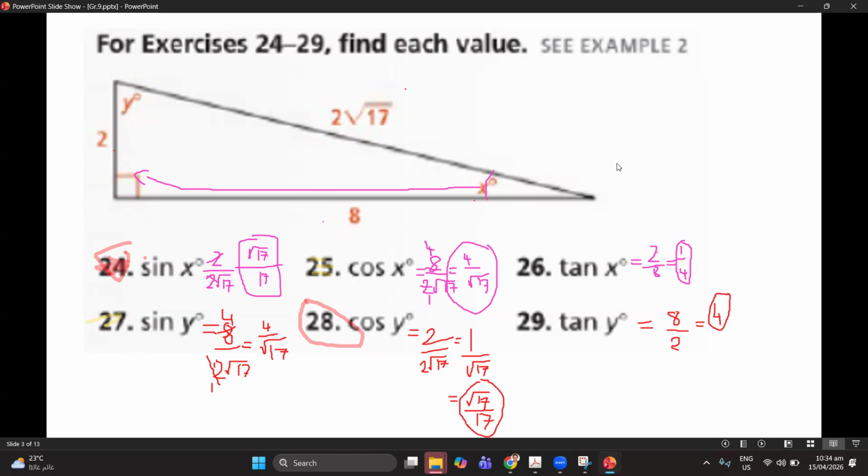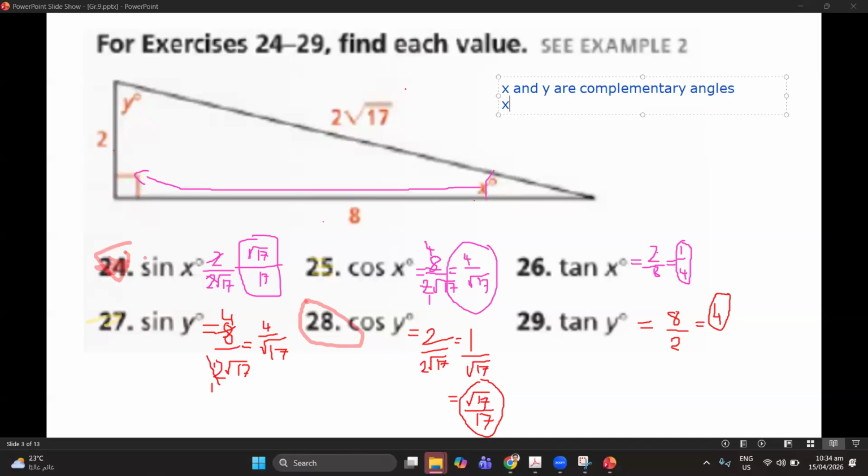In general, I want to show you that if angle X and Y are complementary angles, what do I mean by complementary angles? That their sum is 90.